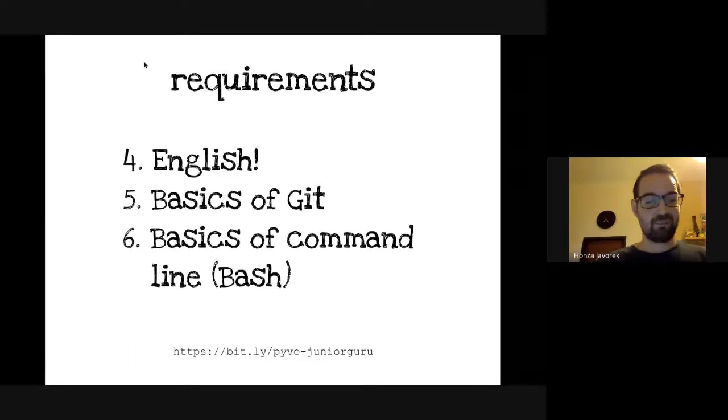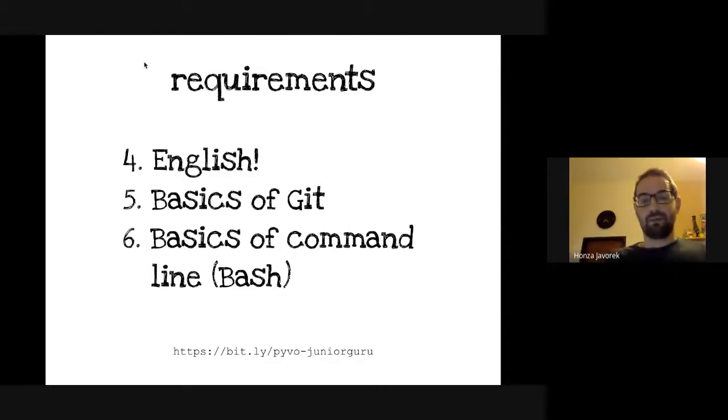It's bad for you because you'll be very limited without proper command of English. You'll be limited in learning materials. You'll be limited in who you can ask for help. You will be limited in the job offerings themselves, because a lot of them require English.